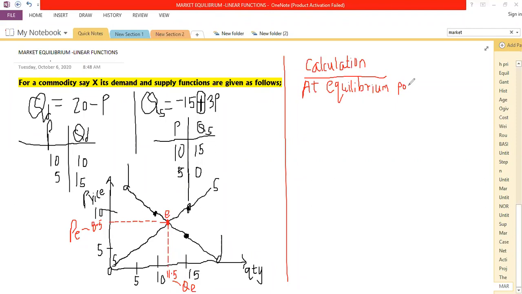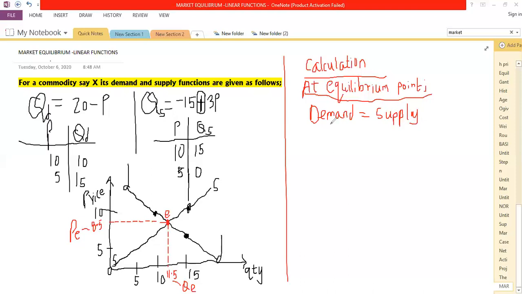At the equilibrium point, the condition is that demand for the commodity should equate to the supply.